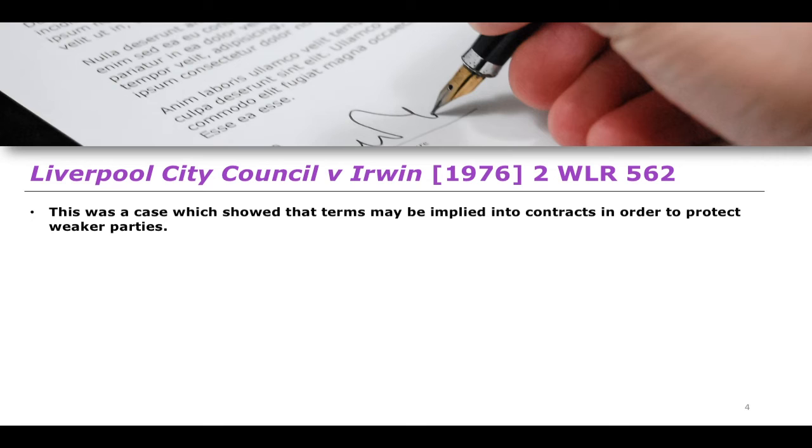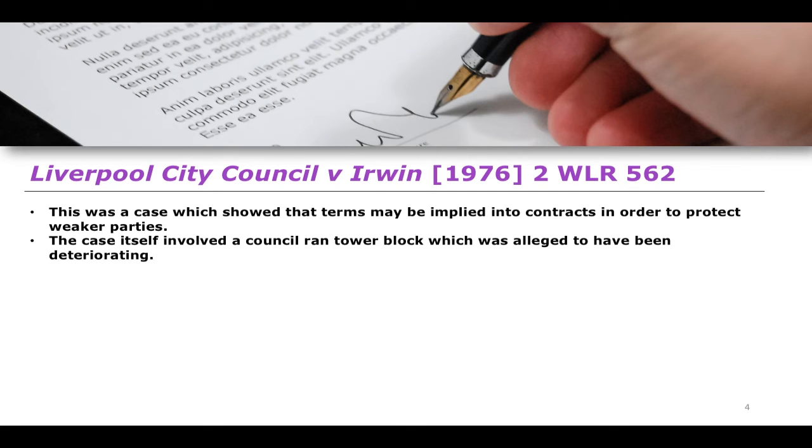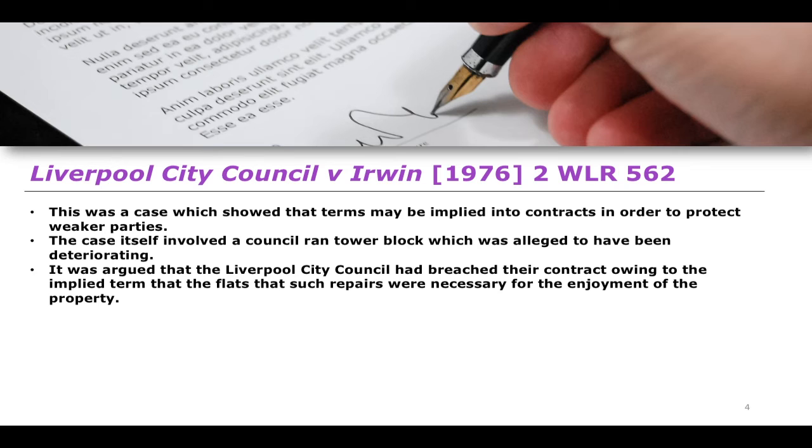The case itself involved a council that ran a number of tower blocks, which were alleged to have been deteriorating. It was argued that the Liverpool City Council had in fact breached their contractual obligations owing to the implied term that such repairs were necessary for the enjoyment of that property.